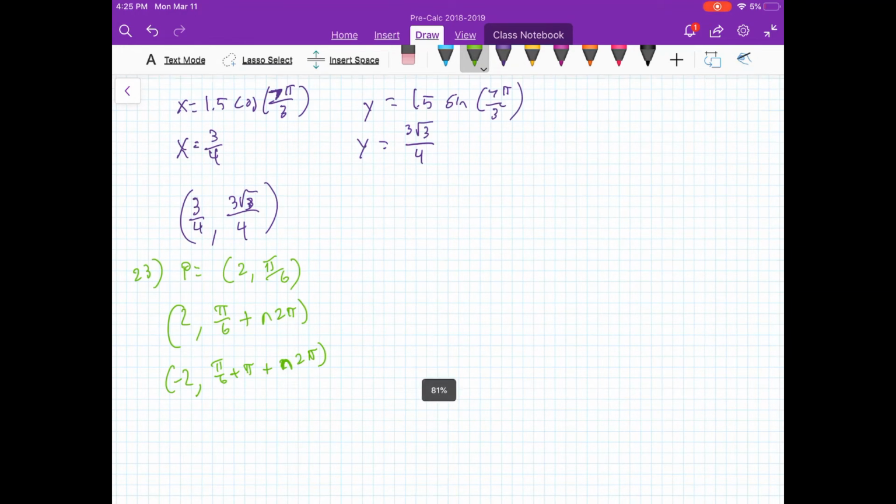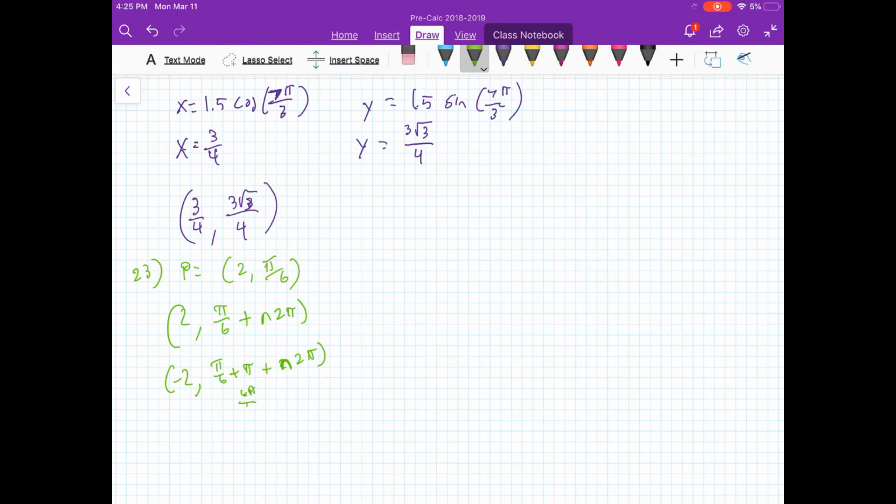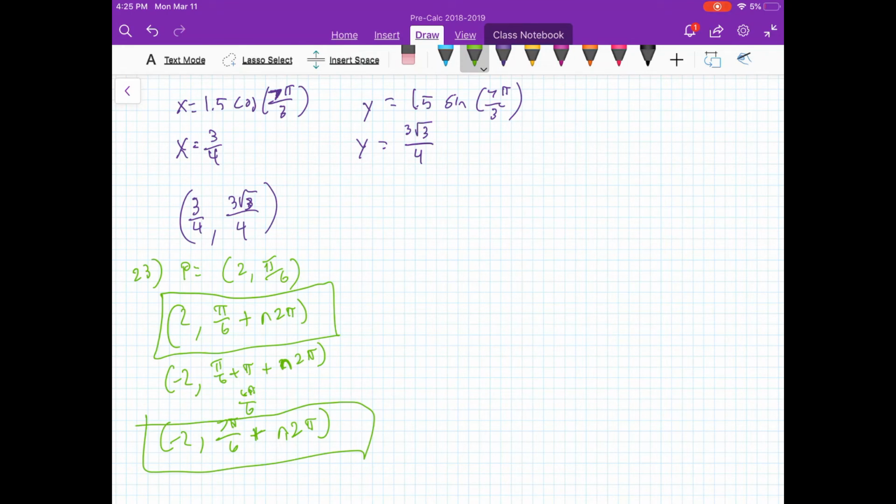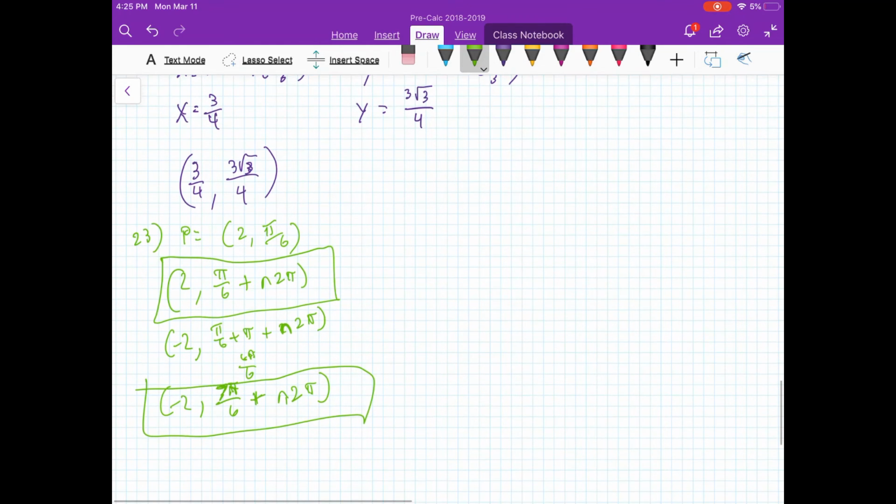Pi equals 6 pi over 6, so it'd be -2 and then 7 pi over 6 plus some number times 2 pi. These two sections together make all the different possible ways we can write these coordinates, and they are our answer.